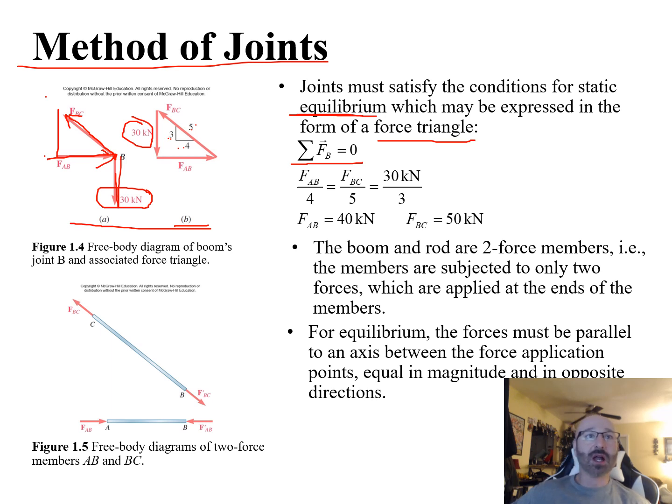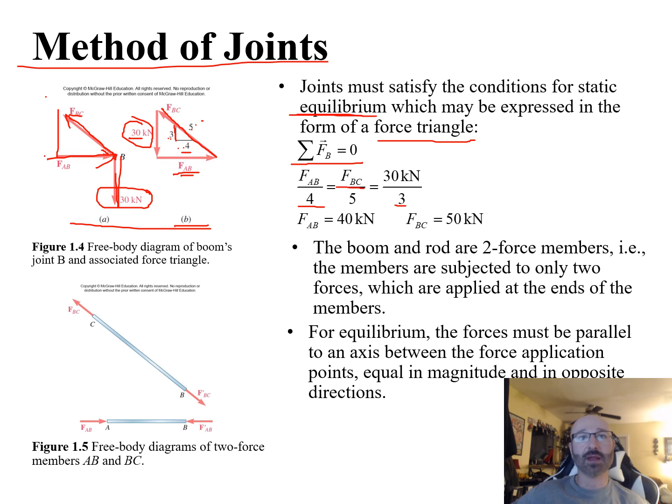So our 30 kilonewtons over this length, our 3 side, over 3, is equal to F sub AB over 4, and this side, F sub BC over 5. Now we can simply cross multiply to find our unknowns.